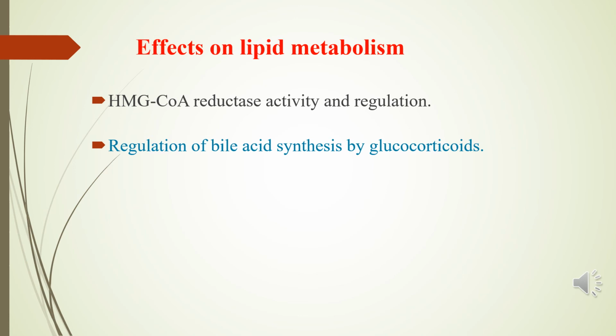Also, bile acid synthesis is regulated at the cytochrome P450 7A1, which is a rate limiting step, and this is enhanced by cholesterol and regulated by thyroid hormone and glucocorticoids. And this will also be discussed in detail later.